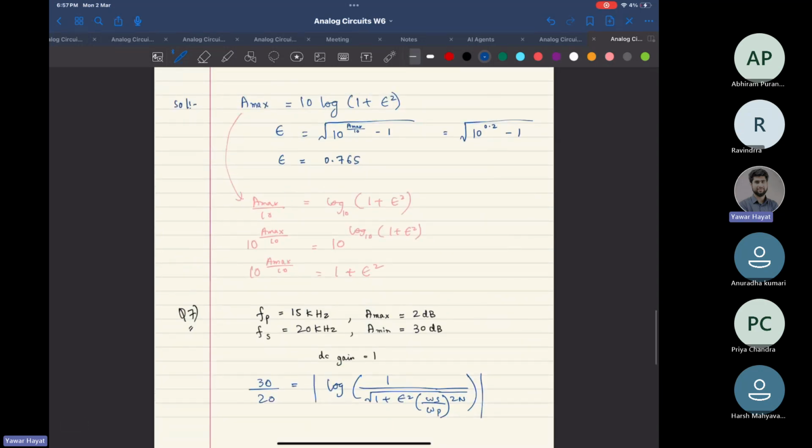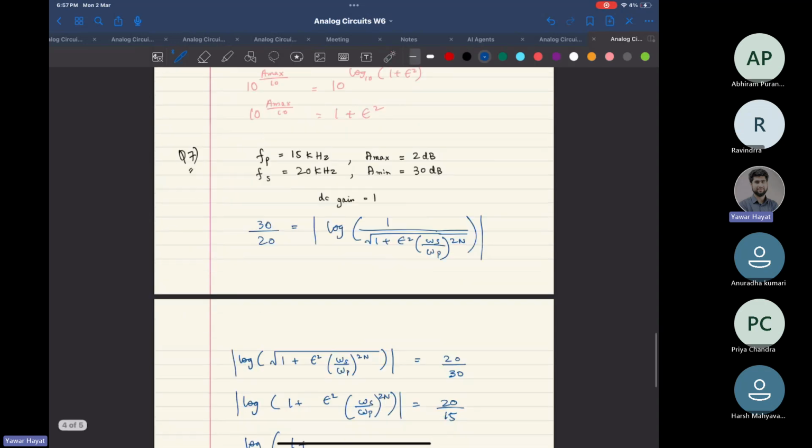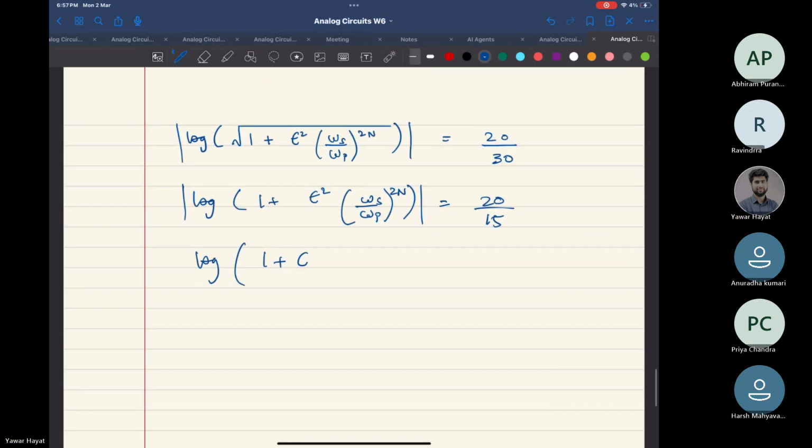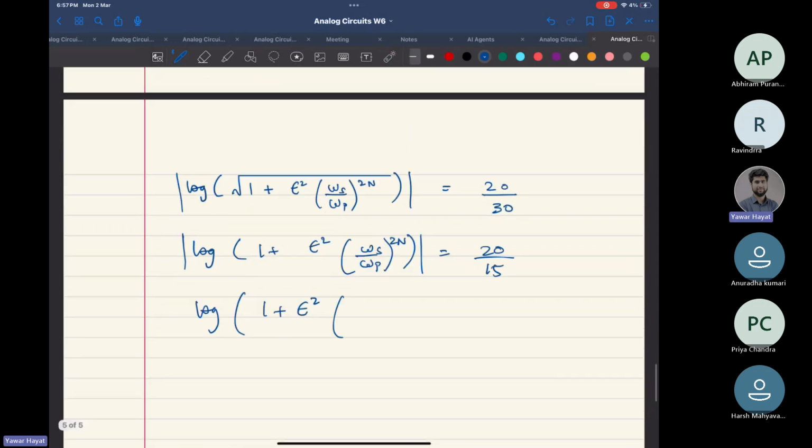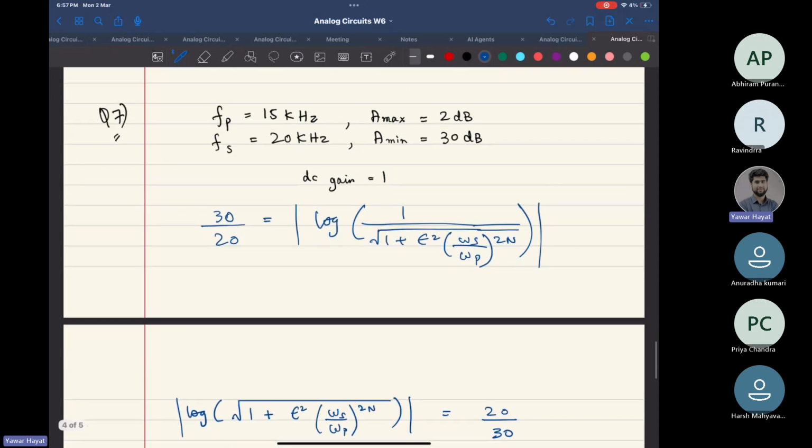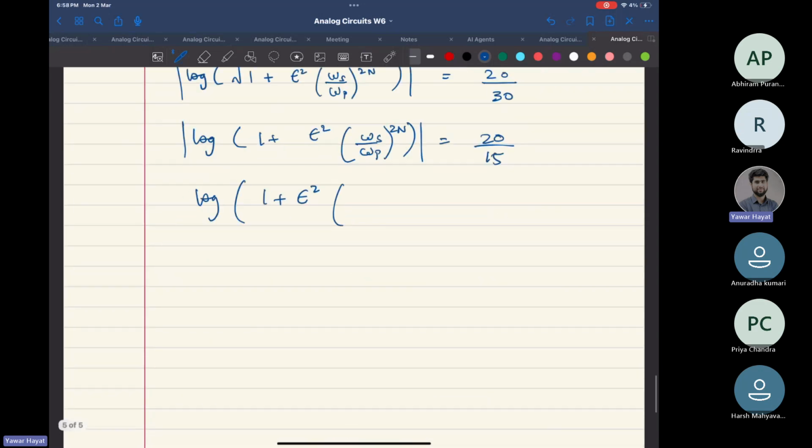Epsilon is this. Meanwhile, I'll keep epsilon as epsilon square, I'll take care of it later. But omega s and omega p is 20 by 15, raised to the power 2n. Right, that is how much? 20 by 15.